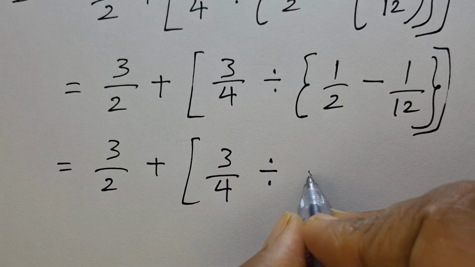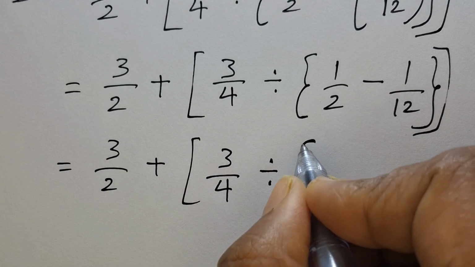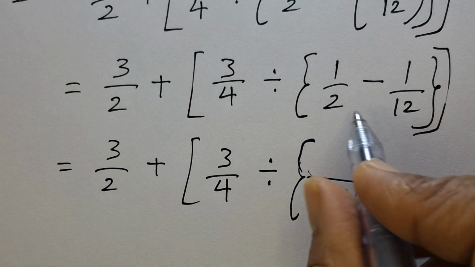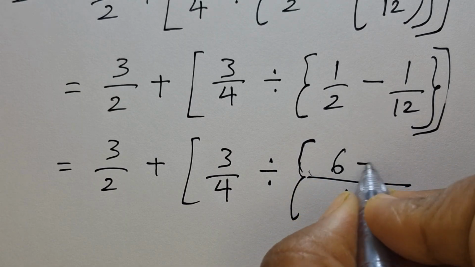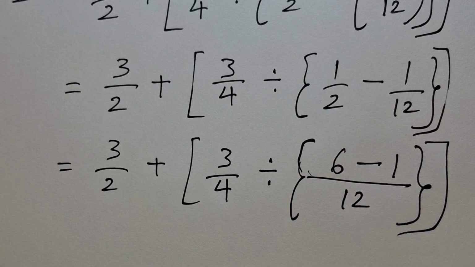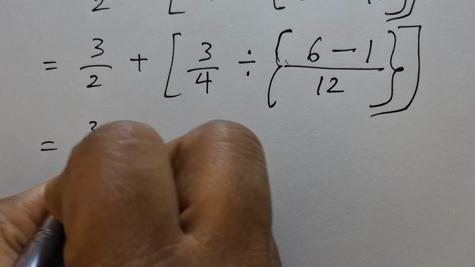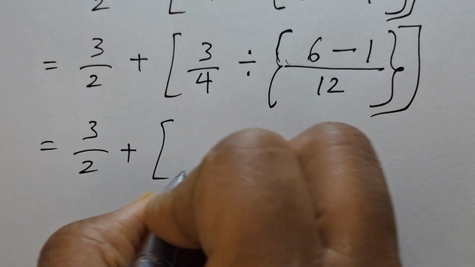So the numerator will be 6 minus 1. It comes in 6 times, so 6 ones are 6. 6 minus 1. So the next is 3 by 2 plus 3 by 4 divided by 6 minus 1 is 5, 5 by 12.